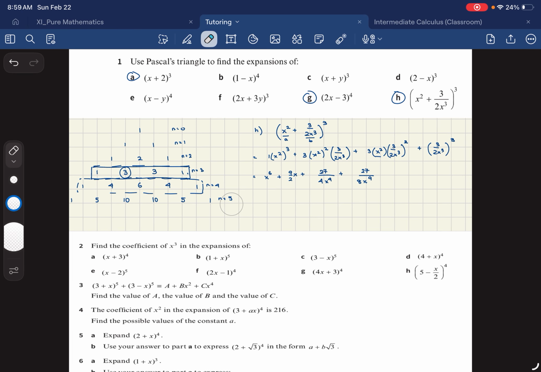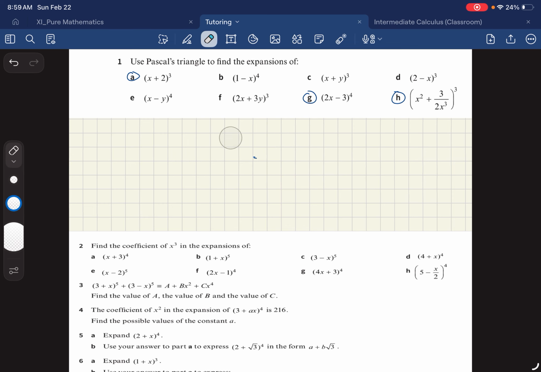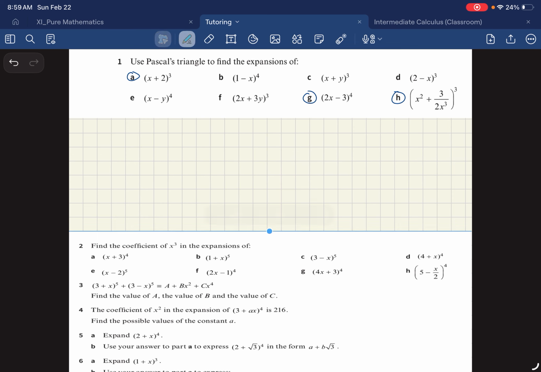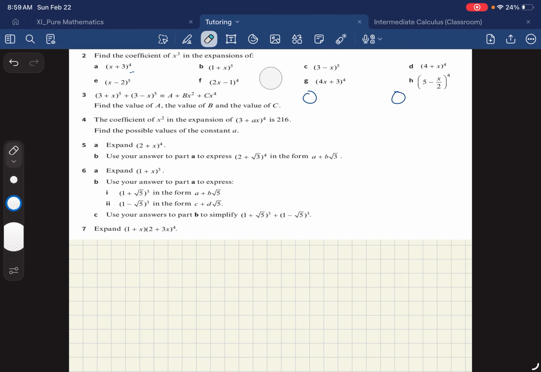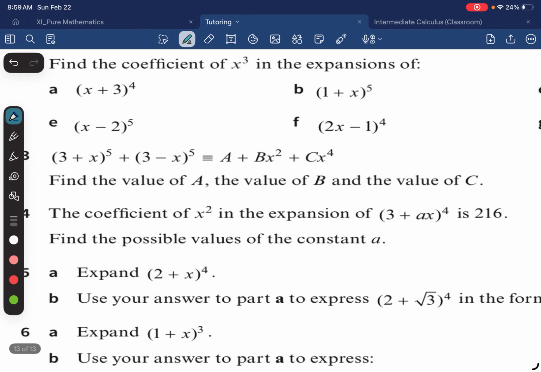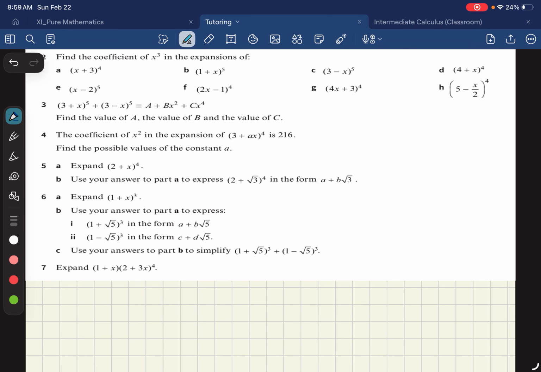So now that you're used to using Pascal's triangle, which I hope you are, doing the other questions as practice is going to be very, very helpful. Let's move on to question 2. Question 2 says, find the coefficient of x cubed in the expansions of. So let's do c, g, and h.